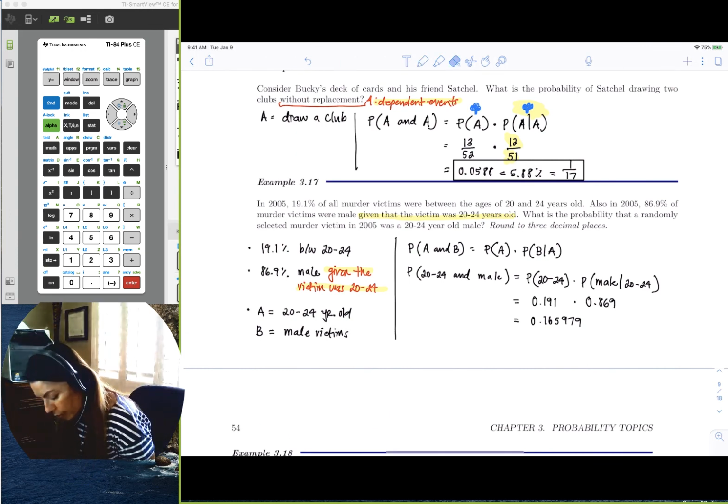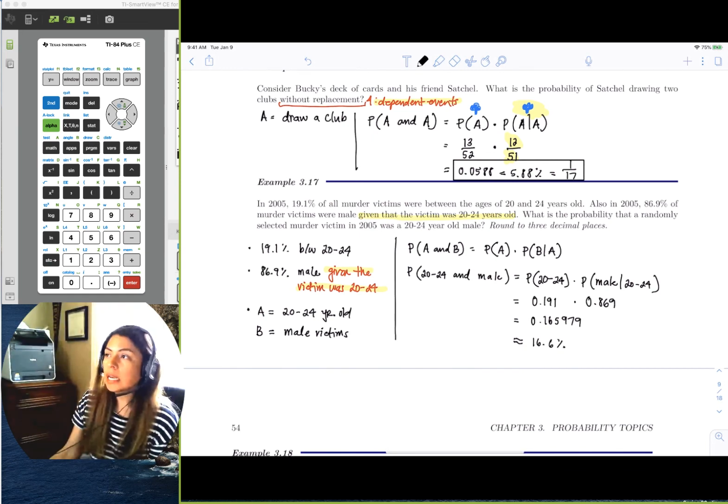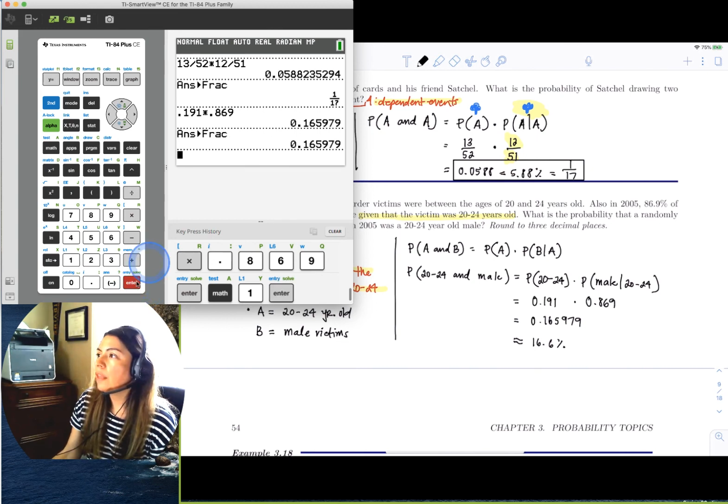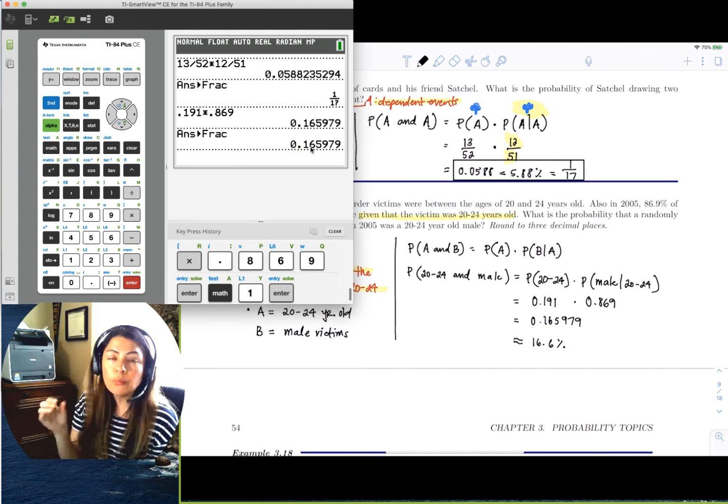And this could be interpreted as 16.6%, right? If we wanted to see a fraction, we could go back to the calculator and hit math 1 frac, and notice it doesn't give it to us as a fraction because it's just too much for the calculator to compute. So sometimes it won't compute the fraction.